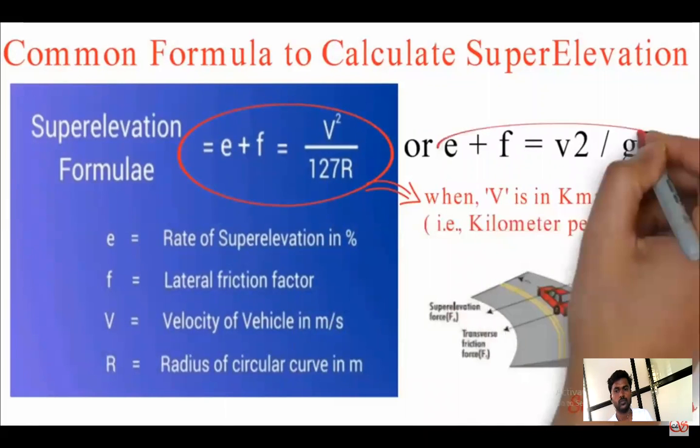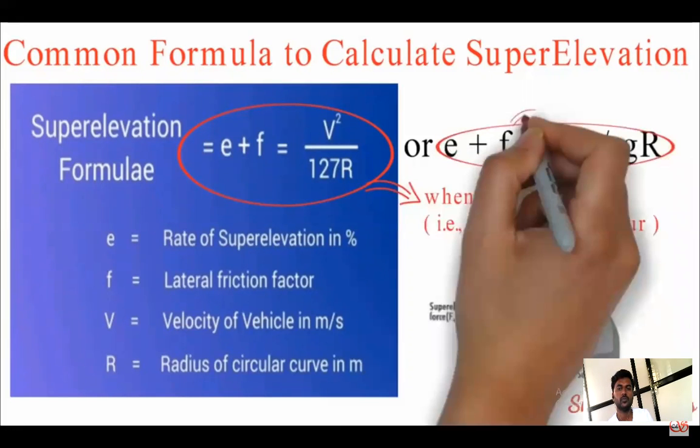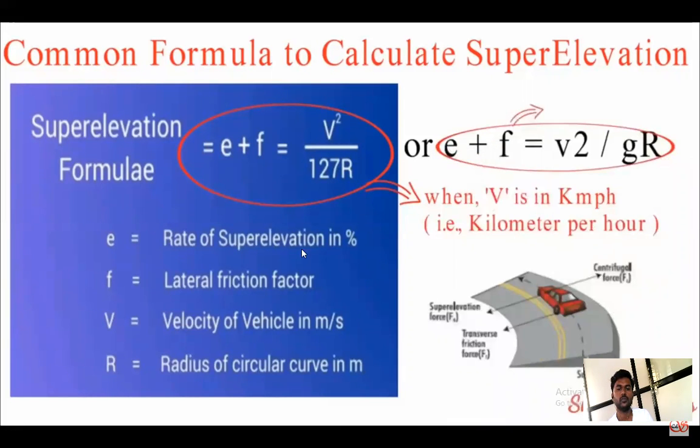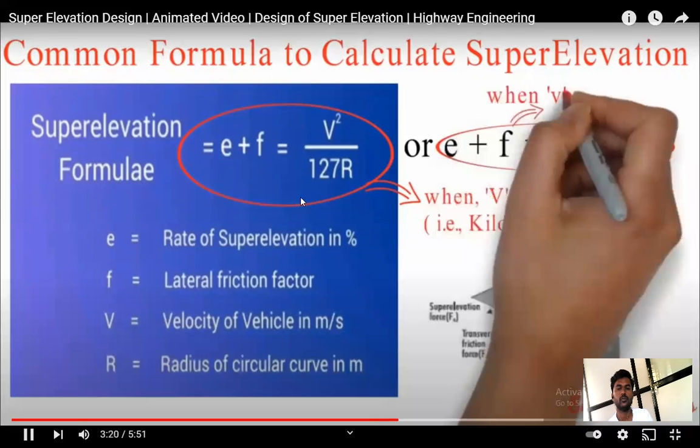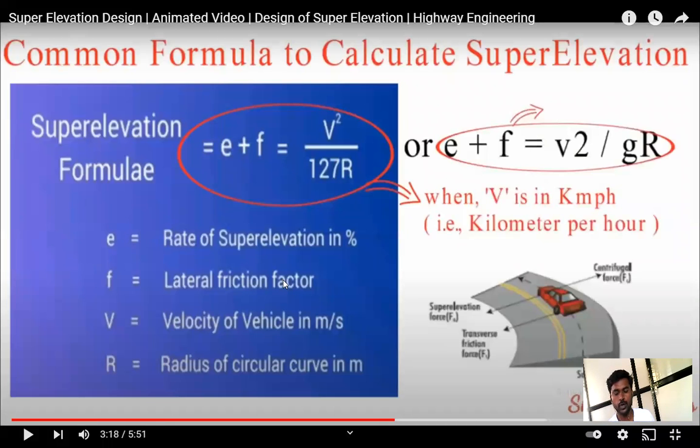The second formula, E plus F equals V square upon G R, is used when velocity is in meter per second. Okay, write down these formulas as well.